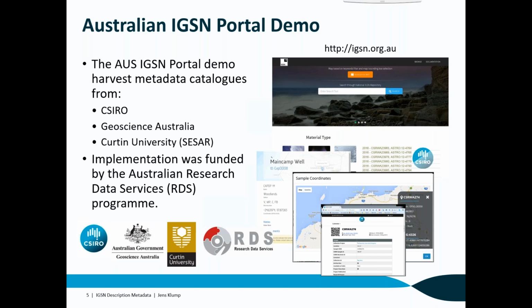This implementation was funded by the Australian Research Data Services program, and so I included the logos of the organizations and RDS at the bottom of the slide. You can go to igsn.org.au to have a look at what it looks like. So the portal still has its deficiencies. It's a demo. In the next round, we will work on it to refine it.